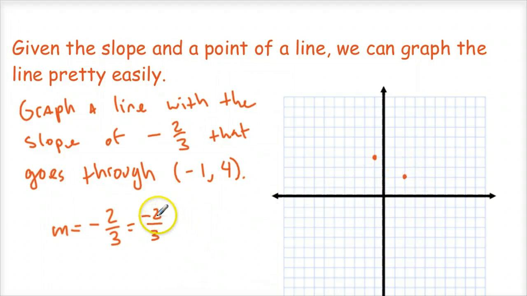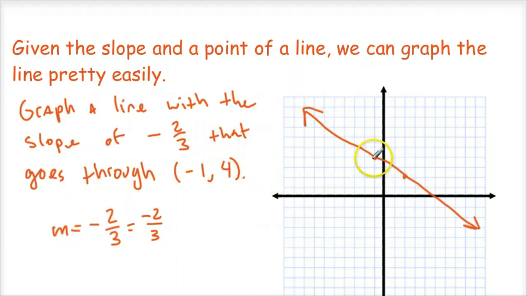So slope is basically telling you how you change from one point to the next on any graph. So if you're given a point, you can use the slope to change to the next point. And then you would just get your straight edge. I'm going to draw this a little freehand here. To draw a line that's through these points, you connect those 2 points, and that's your line.